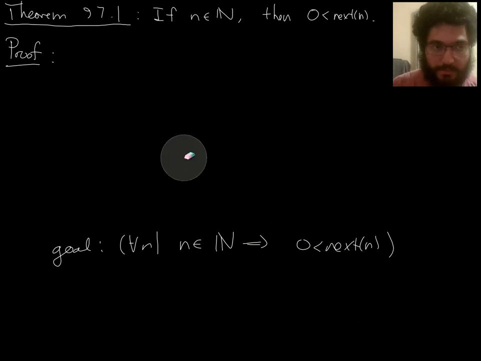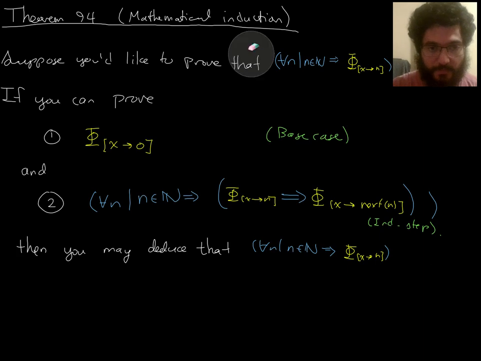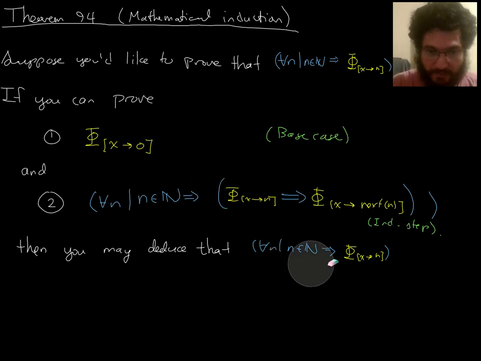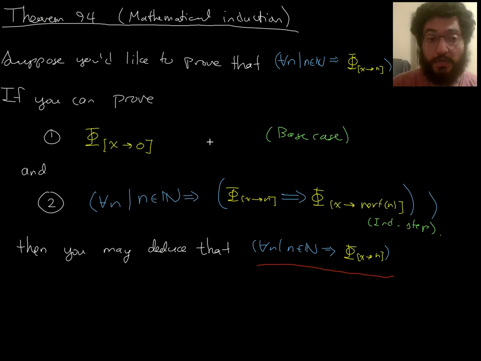So this is my goal. When I use induction, when I use this theorem, the theorem is going to give me this as a conclusion, right? So I need to match the form of this. What I get to choose when I'm using this theorem is the phi. That's the main thing that I get to choose, the phi and the variable that plays the role of x.